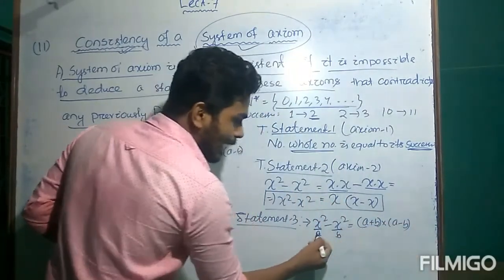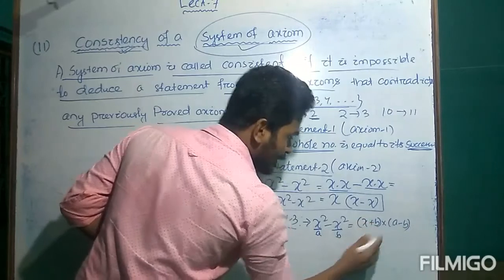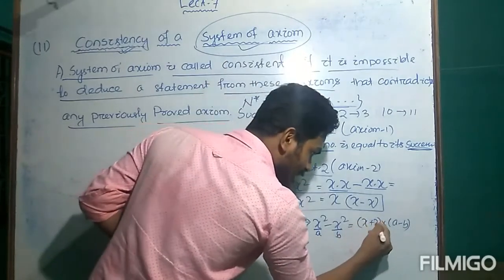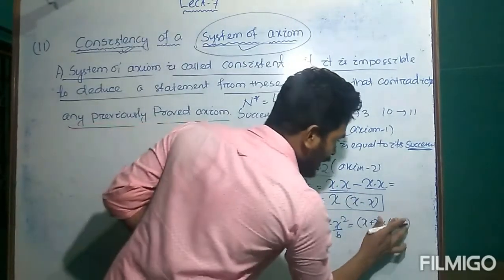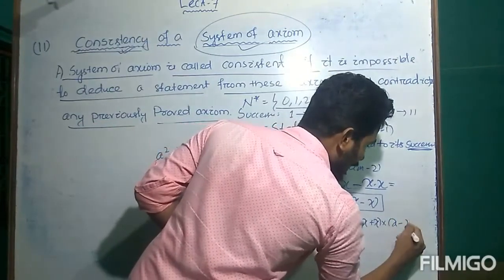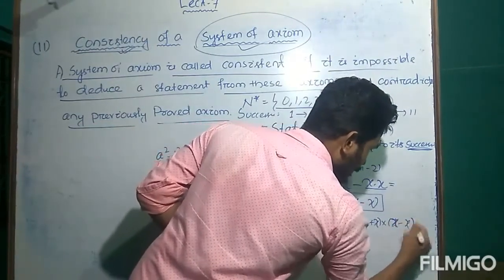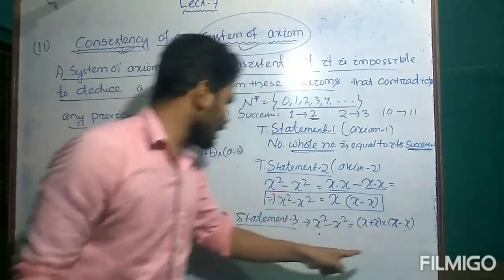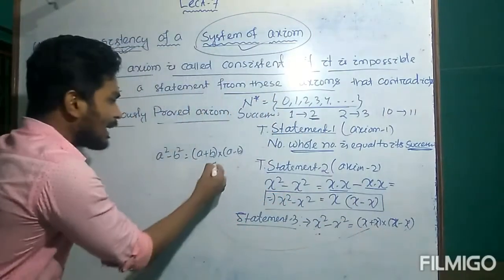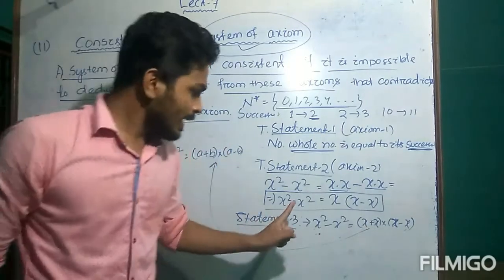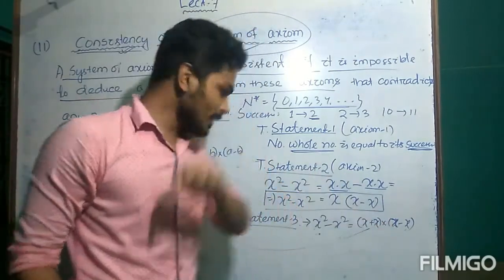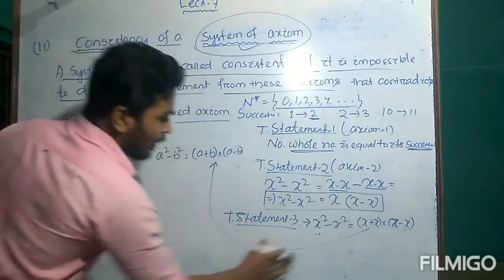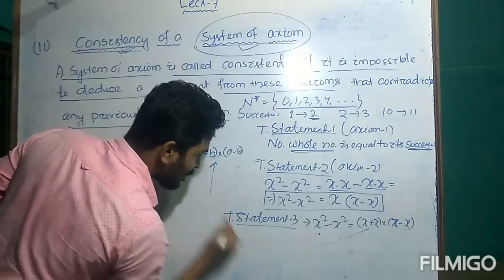So a means x, so x plus, and b also means x, so x plus x whole into x minus x. So x square minus x square is equal to x plus x into x minus x by using the identity a plus b into a minus b. That means it is also a true statement, or you can write it as axiom number 3.